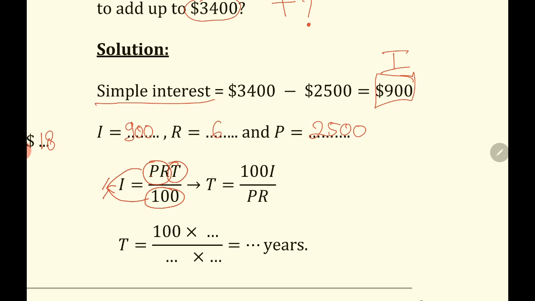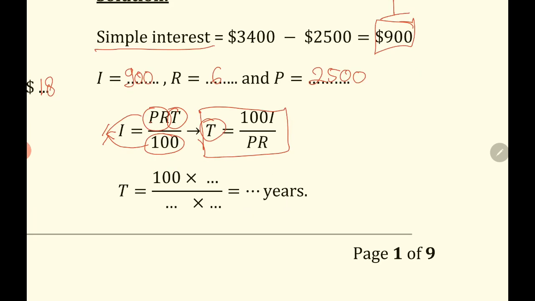So this is the new formula. With T as the subject of the formula, T equals 100 times I, the interest, divided by P times R. Okay, so now we substitute into this equation.